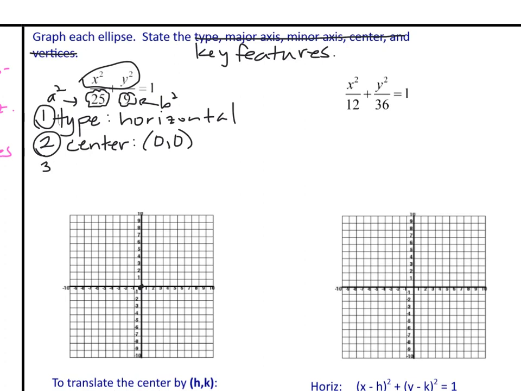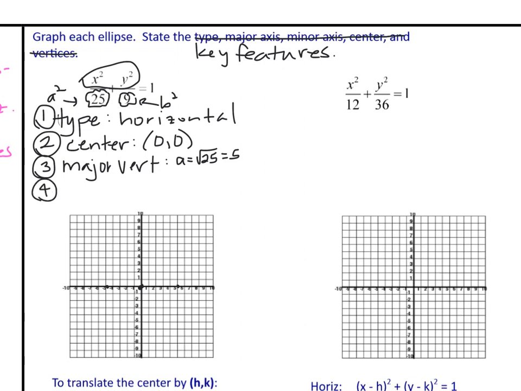To get our major vertices: if a squared equals 25, then a equals the square root of 25, which would just be 5. So that's a perfect square. Kind of nice. From the center, if we count 5 to the right and put a dot, and 5 to the left and put a dot, those are our major vertices, just like that.